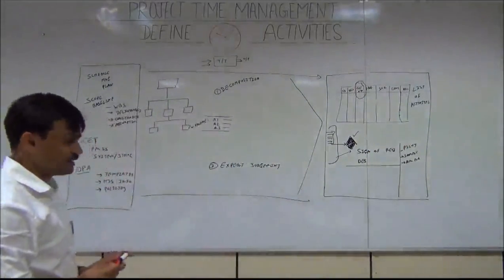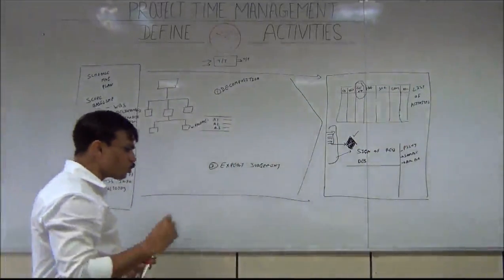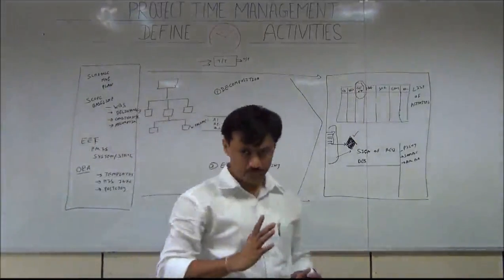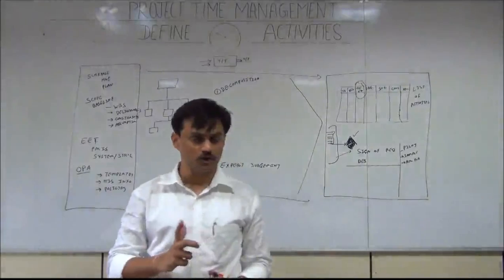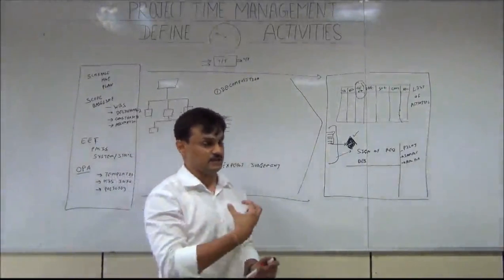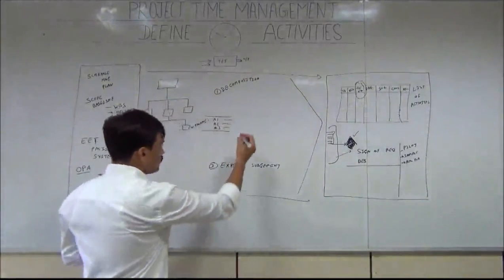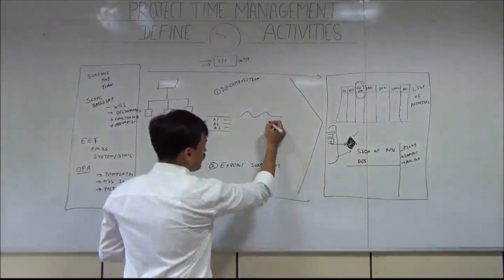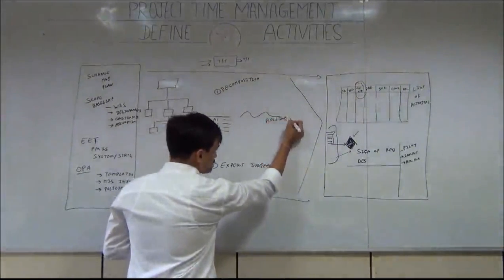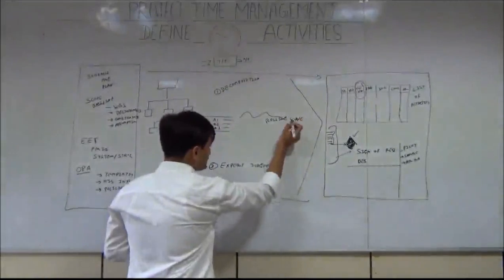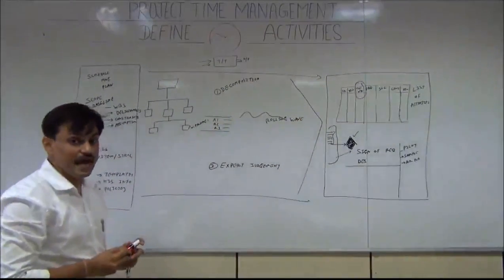There is another tool and technique which is called rolling wave planning. Now, rolling wave planning is an important terminology, it's an important technique, and you may think, what is this rolling wave? This rolling wave represents a progressive elaboration.